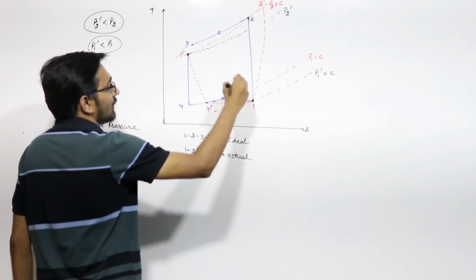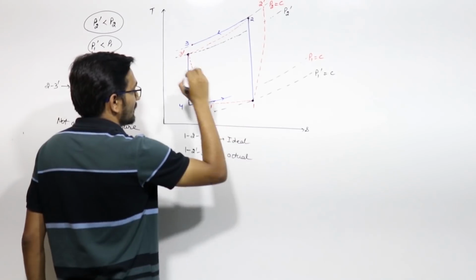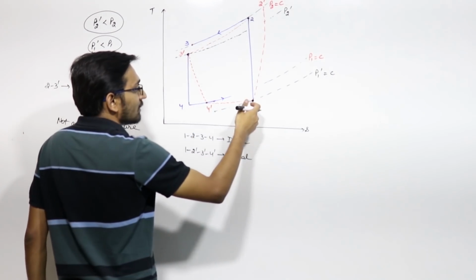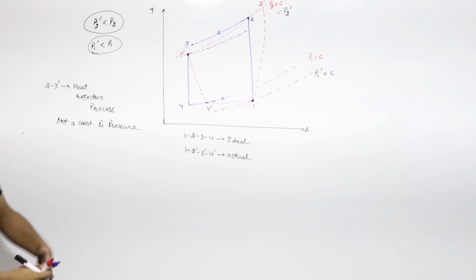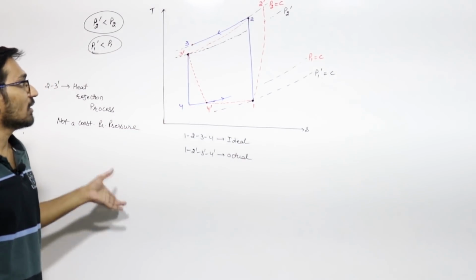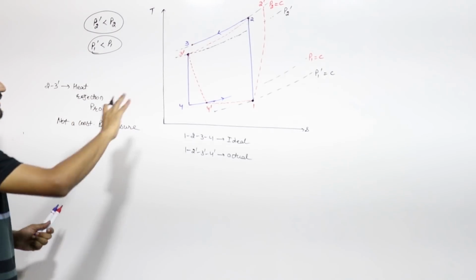In this, 1 to 2 dash is adiabatic compression, 3 dash to 4 dash is adiabatic expansion, 4 dash to 1 dash to 1 is heat supply, 2 dash to 3 dash is heat rejection. These heat rejection and addition processes are not constant pressure, but these are adiabatic processes. So this is the diagram.